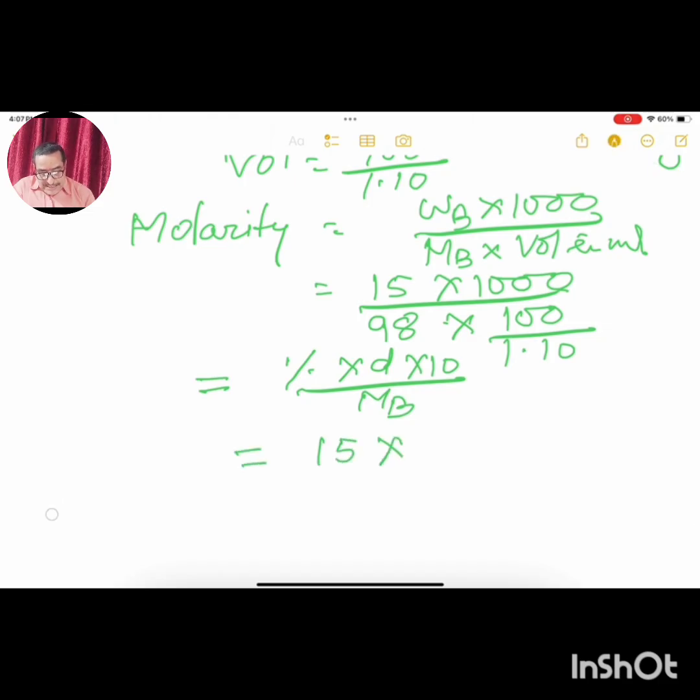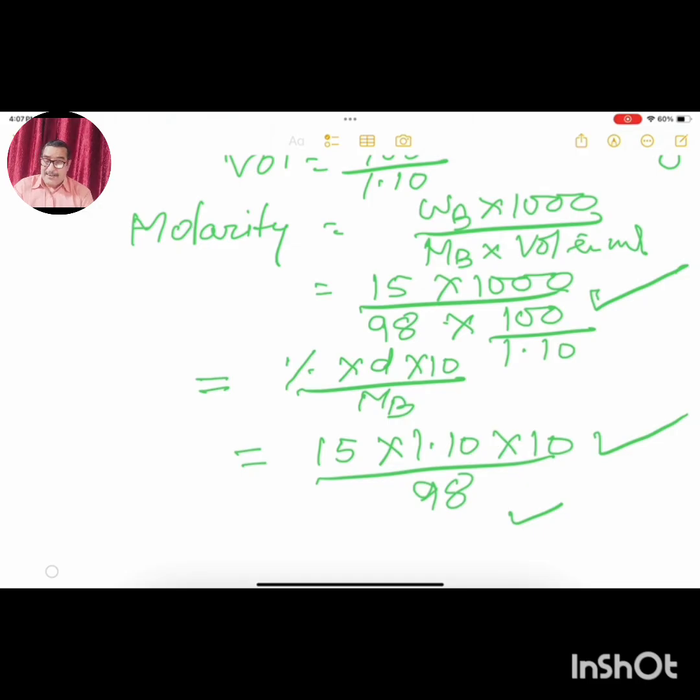In both cases you get the same answer: 15 into 1.10 into 10 divided by 98. If you solve this part and this part, you get the exact answer.